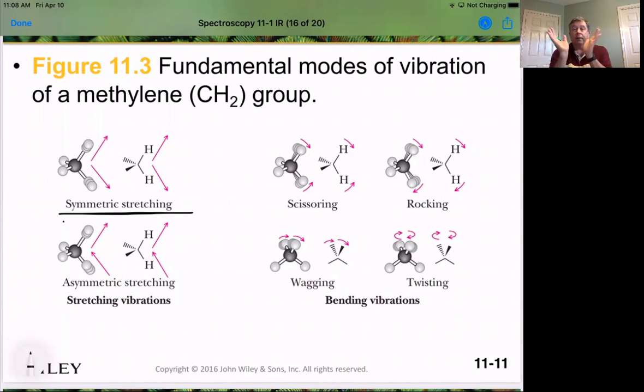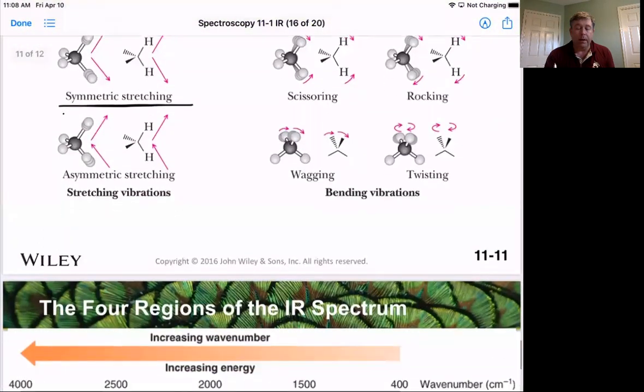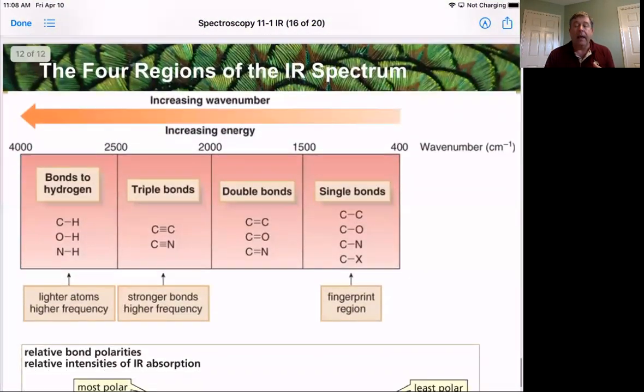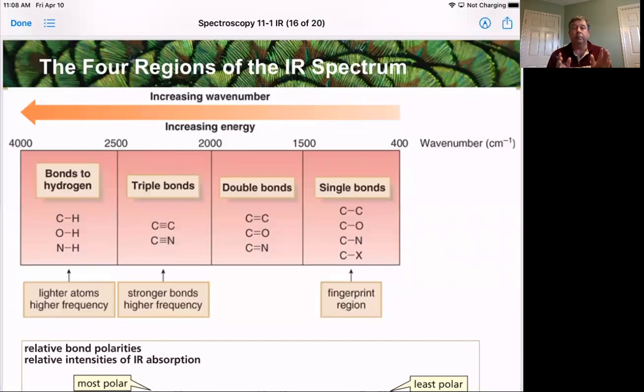They can also stretch unsymmetrically like this and give us a different vibration. There's also wagging and individual atom vibrations. Each of these different modes shows up at a different energy and in a different band of the IR spectroscopy. Okay, but what I want you to focus on is looking at where the different regions are and what they should be found in.